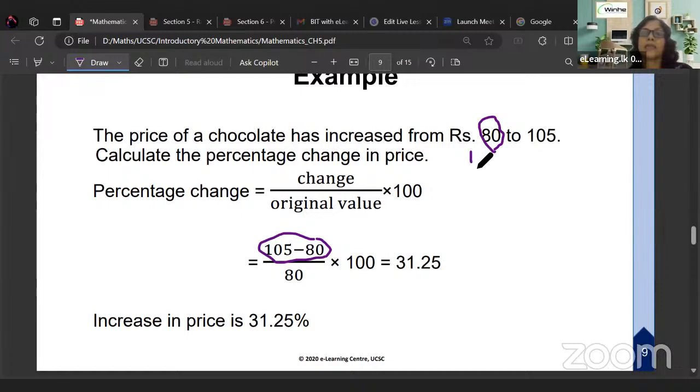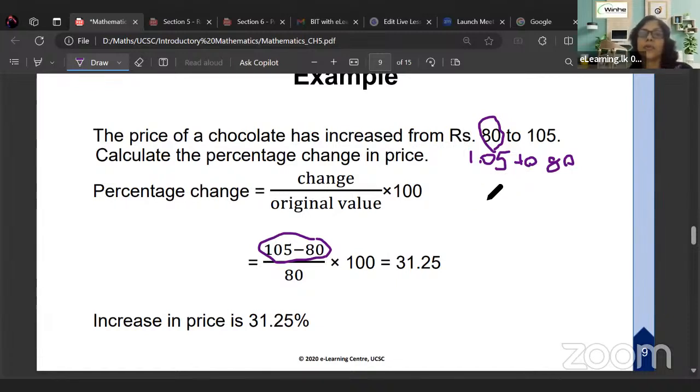say that the chocolate price was earlier 105 and it changed to 80. It was 105, now it is 80. Now it asks you to find the percentage change.